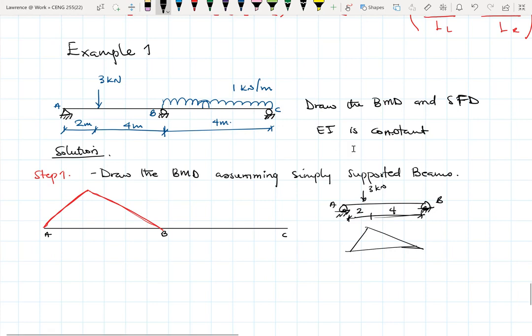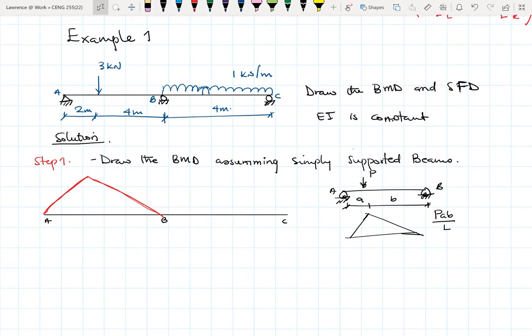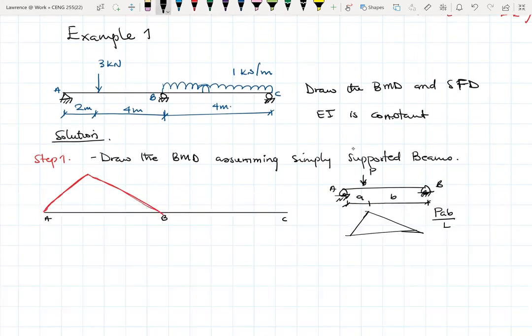If you have a load P, and from the left end to P is a, and from P to the right end is b, your maximum bending moment is Pab over L. Here P is 3, a is 2 meters, b is 4 meters.